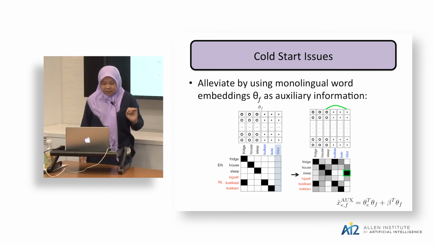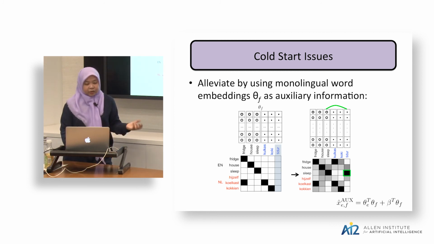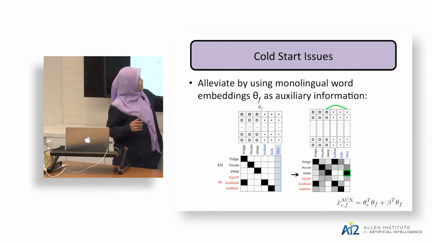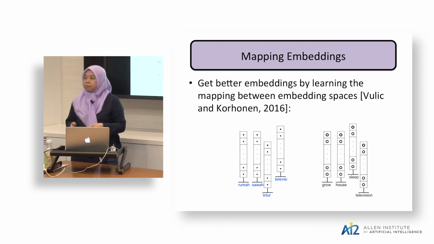And beta is just the bias term. Using this, even if they don't have an observation in the observed translations part, we can use the word embedding to help us find which word in English it translates to.